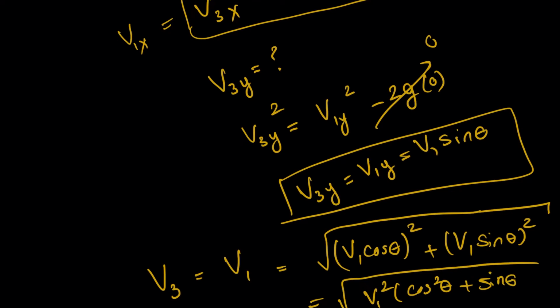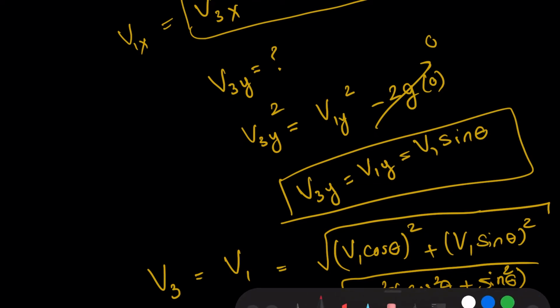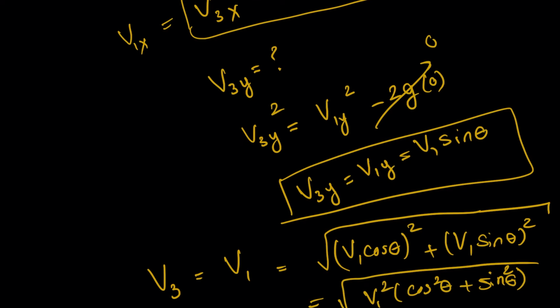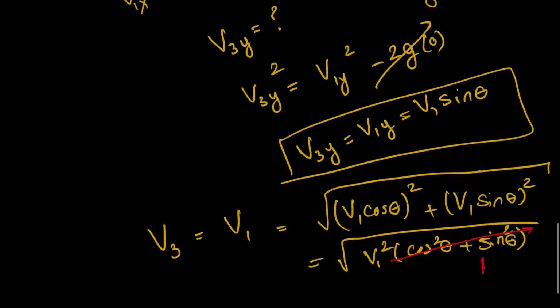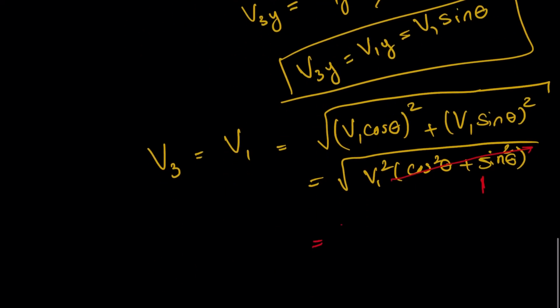For those of you that remember your trig identities, this is a famous one, and it is actually equal to 1. We can show why that's equal to 1 in another video, but this is essentially 1, and this is equal to v1. So if you plug it in, you arrive at the same exact result.